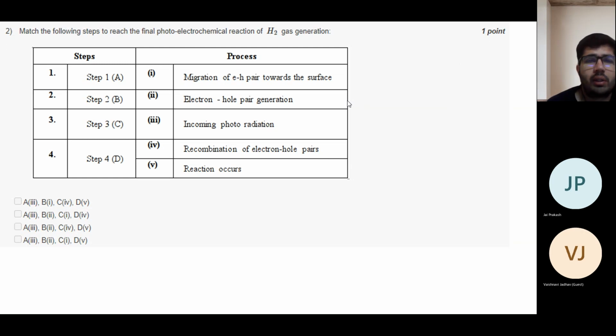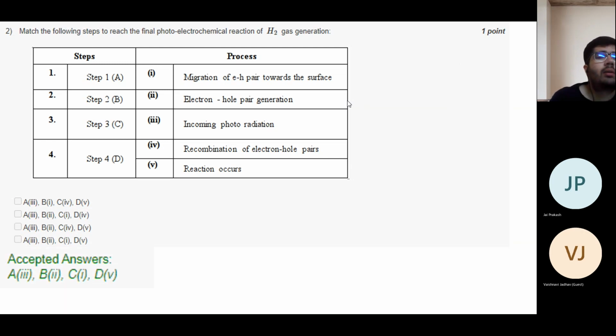So the correct option will be A3, B2, C1, and D5. A3 means step 1 is incoming photoradiation, step 2 is electron-hole pair generation, step 3 is migration of electron-hole pairs towards the surface, and step 4 is reaction occurs.